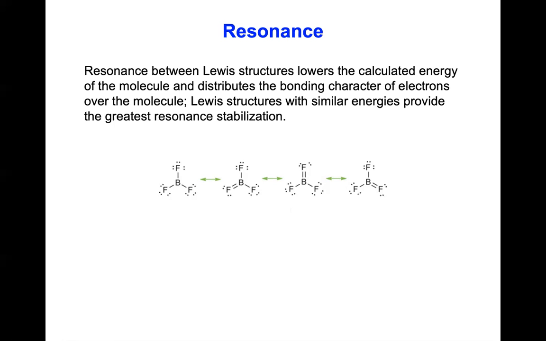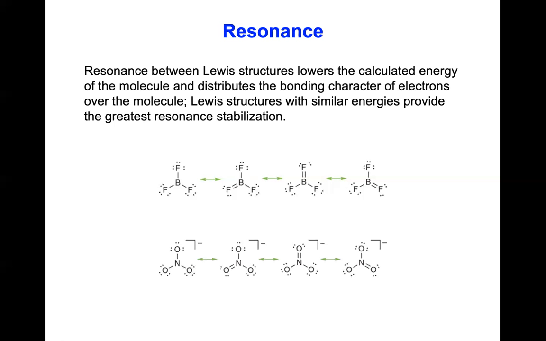This type of electron shifting, from fluorine shared with boron, or this non-bonding pair shared with boron, to form a B-F double bond here. When you have this resonance structure, they tend to make this BF3 molecule more stable. That's the reason we have the resonance structure.